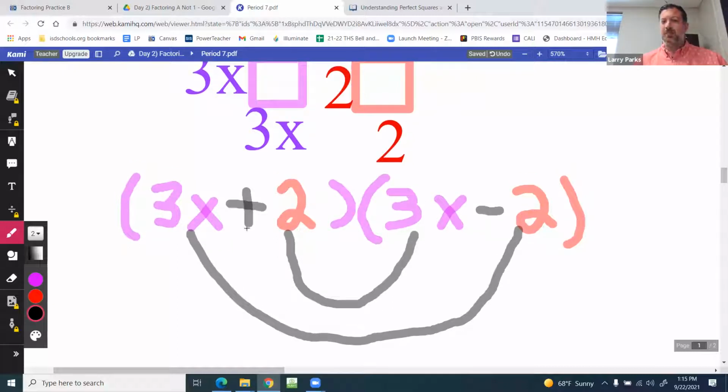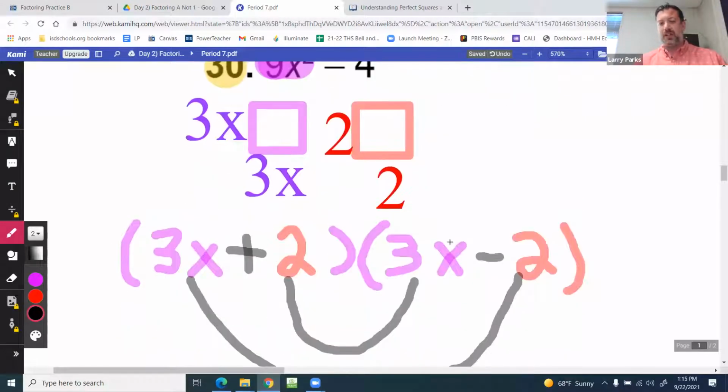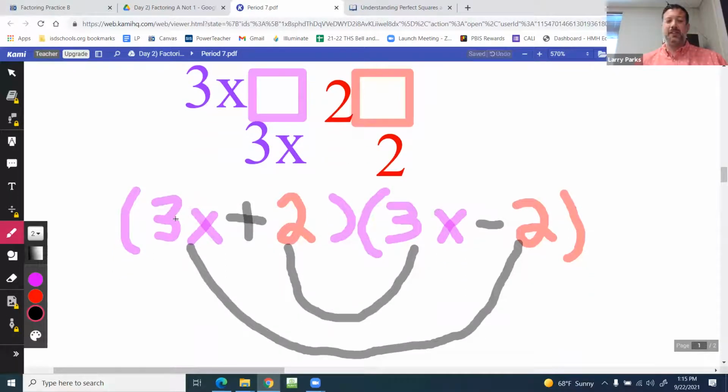And so that's why it's important when you're trying to get something with only 2 terms to make sure this is plus and this is minus. You could also do minus and plus, same thing. But in order for that middle term to cancel, the first term should be the same. The second terms should be the same. The only thing that would be different is a plus and a minus.